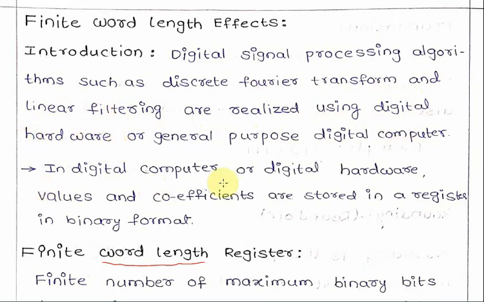In digital computer or digital hardware, values of DFT and coefficients of FIR filters or IIR filters are stored in a register in binary format.